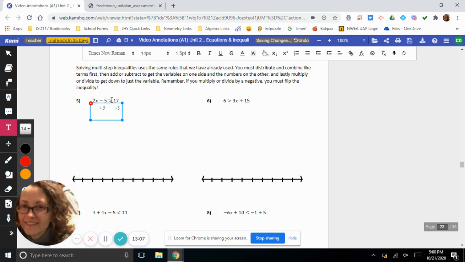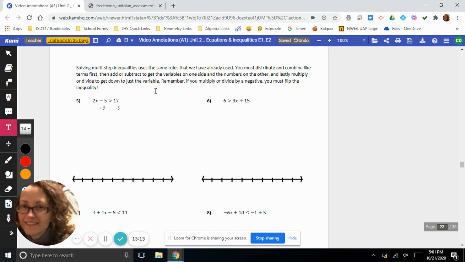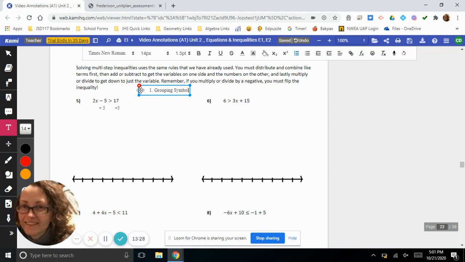Okay, so let me take a second to go backwards a little bit and review our steps. The very first thing that I need to do is to look to see if I have any grouping symbols. The next thing is to combine like terms if I need to.